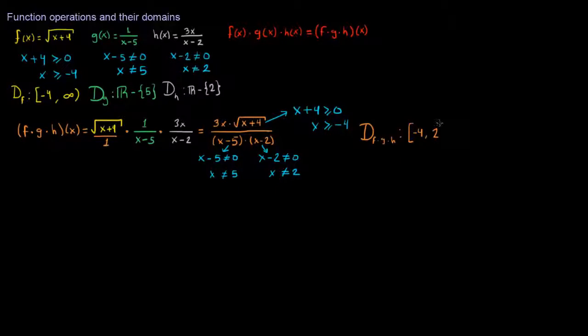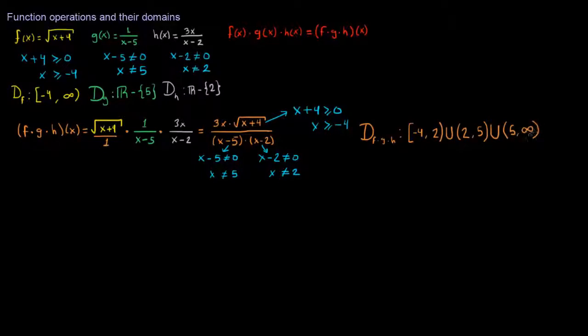We do not include number 2, so we use a parenthesis, then we use the union, another parenthesis, 2 until 5. We use parentheses, then a union because we are excluding the 5, and then until positive infinity.